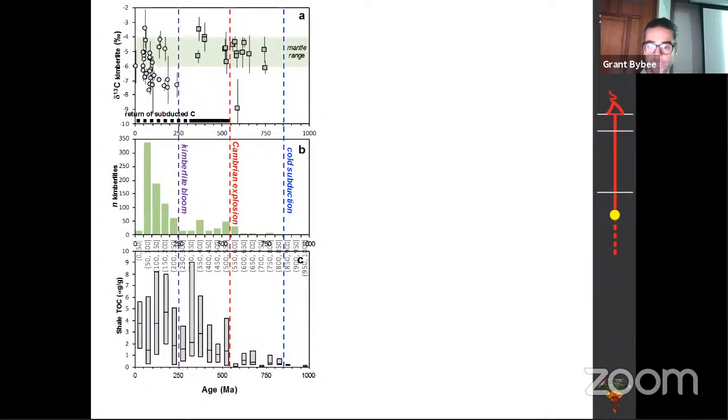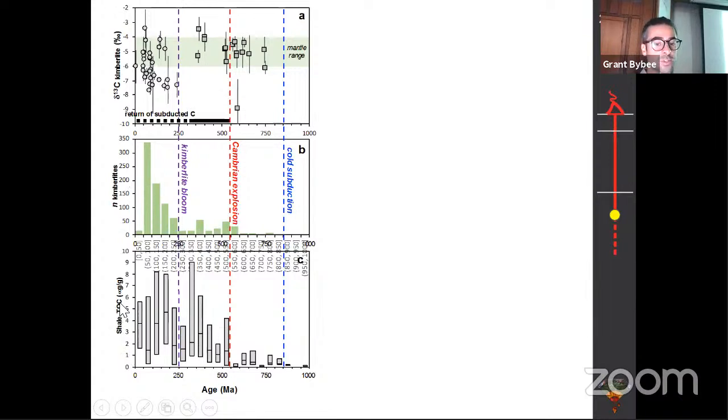This is again a chart of time versus carbon isotopes up here, which though is restricted to the last 1 billion years. So the same data as before. Here I have plotted the distribution of kimberlites through time.